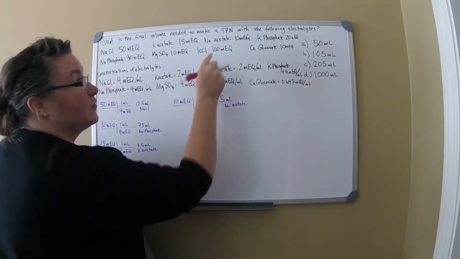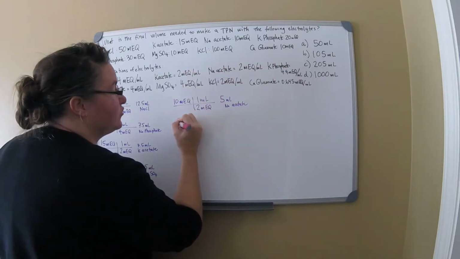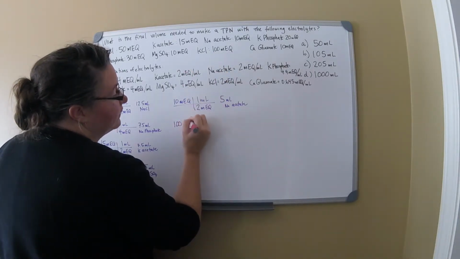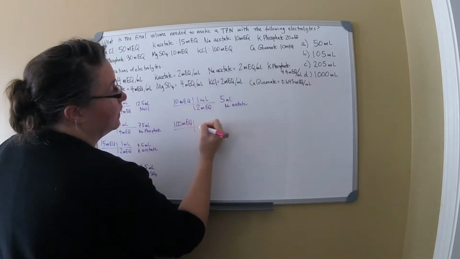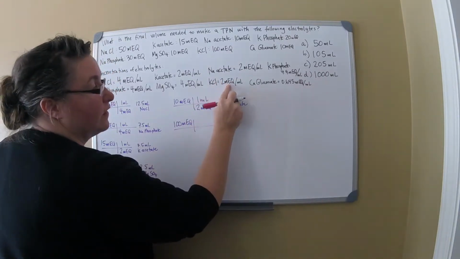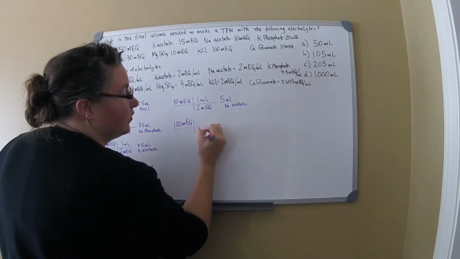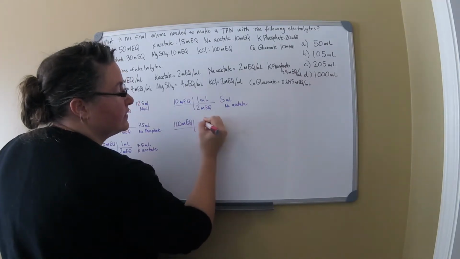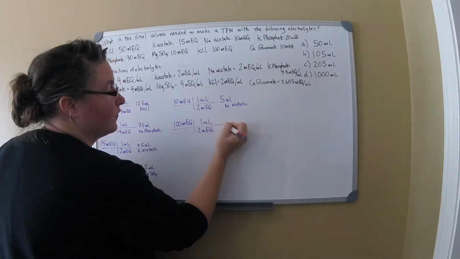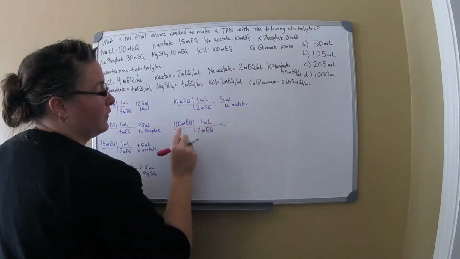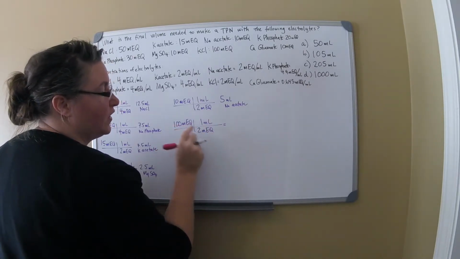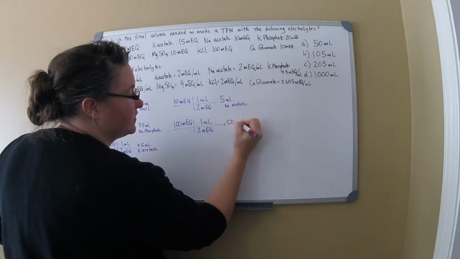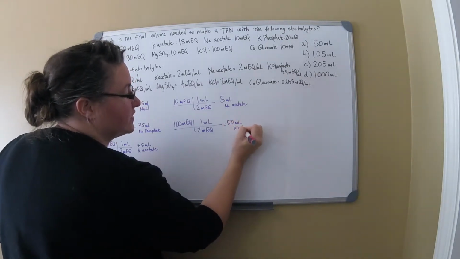Next up is potassium chloride. So we've got 100 milliequivalents. And in the problem, we're told that 2 milliequivalents is in every mil. So multiply by what's on top, divide by what's on bottom. 100 divided by 2, so that's 50 milliliters of potassium chloride.